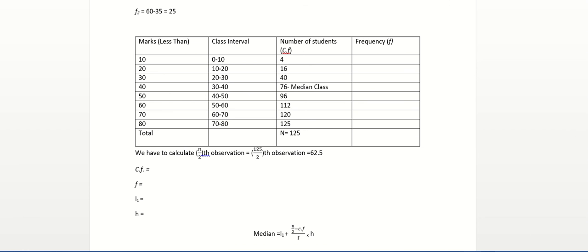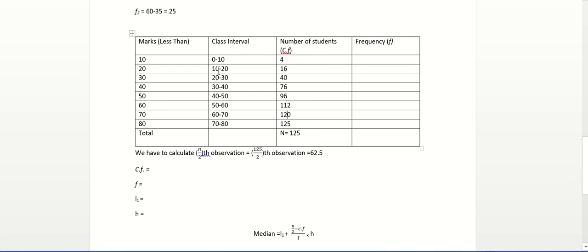So here we have our next question. Here we are given marks less than 10, 20, 30, 40, 50, 60, 70 and 80, and CF is given to us: 4, 16, 40, 76, 96, 112, 120, 125 and so on.